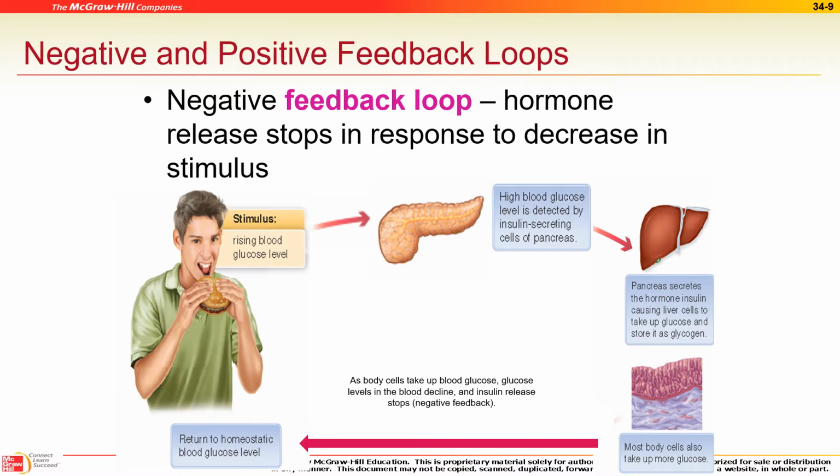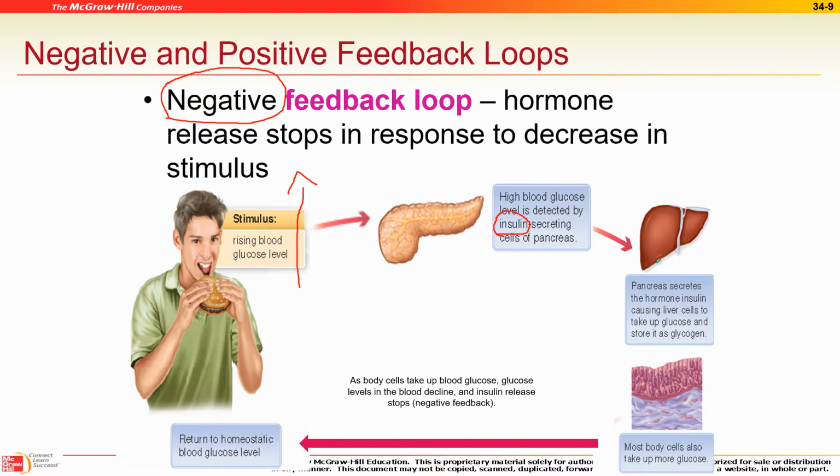Hormone self-regulation. So we have two types of feedback loop: negative feedback loop and positive feedback loop. Let's get into the negative feedback loop. So the example used here is blood sugar. So when you eat a meal, your blood sugar will increase. That is detected by your body, and your pancreas will secrete insulin.